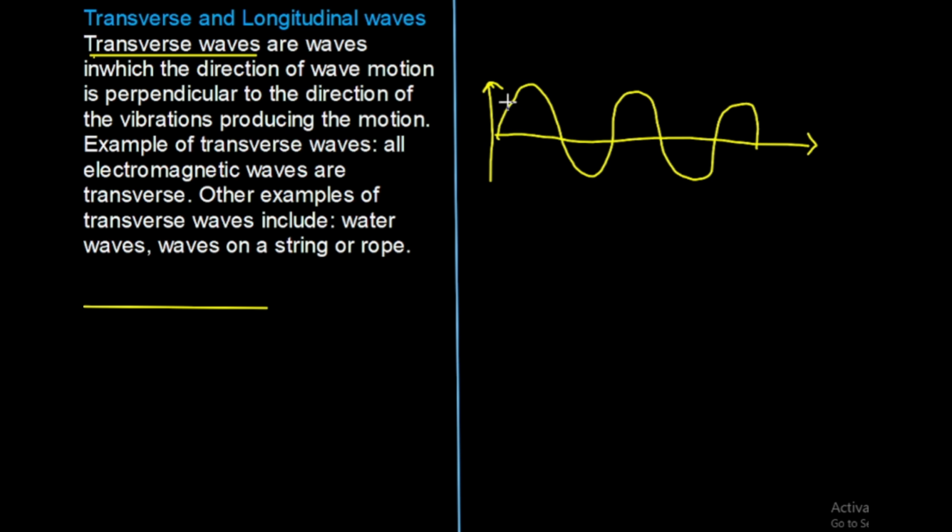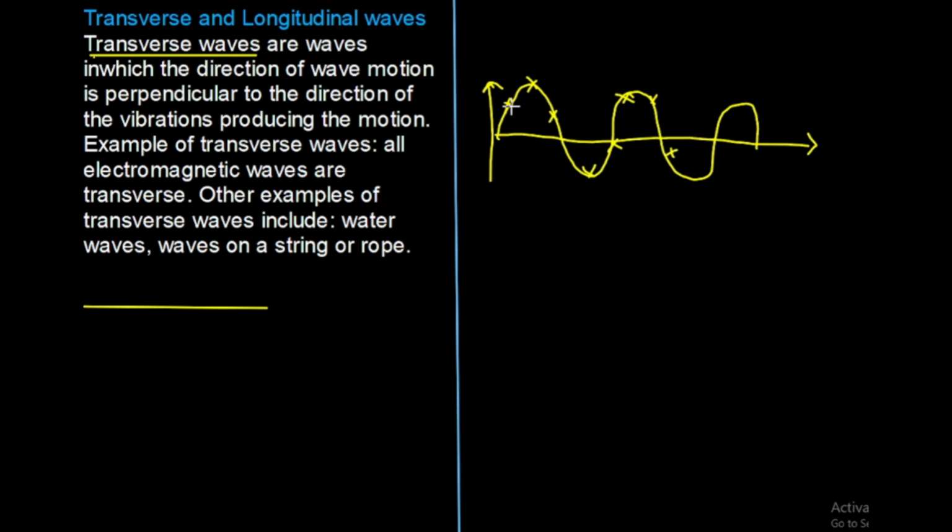Now the particles will vibrate within this medium here. Okay, we can have a particle at this point here. Have a particle at this point, then it moves in this direction. Particles keep on vibrating. We have the particles here, just like that.